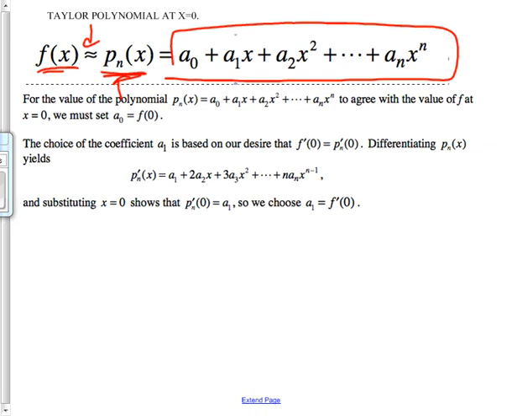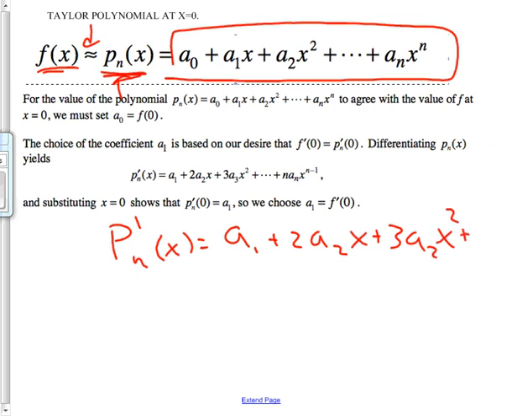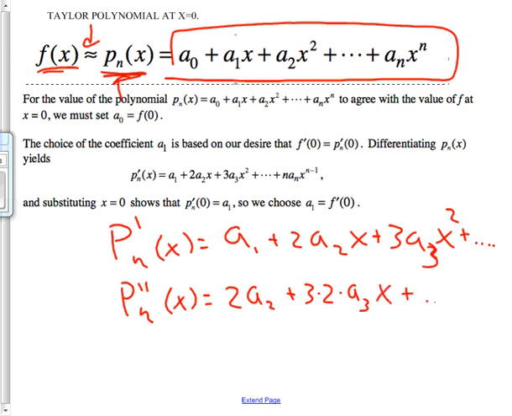around x equals 0. So just to show again, P sub n prime of x is a1 plus 2 a2 x plus 3 a3 x squared plus dot dot dot, and P sub n double prime of x would be 2 a2 plus 3 times 2 times a3 times x plus dot dot dot.